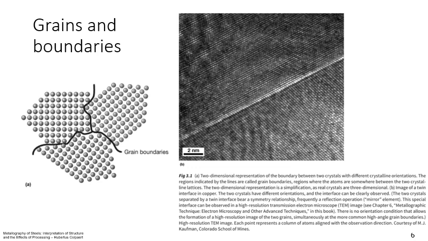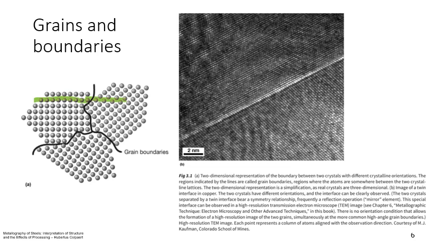Grains are regions made up of all one type of crystal structure and orientation. So if I look at this schematic, I have these lines of atoms representing one crystal structure, and they're all oriented the same. But then when I cross this grain boundary, now it might be the same crystal structure, but it's a different orientation.